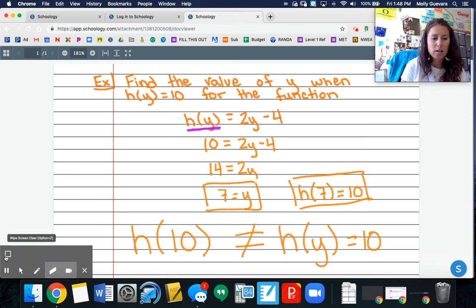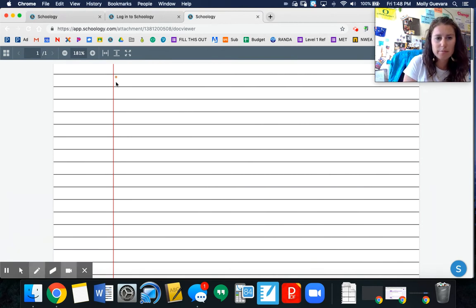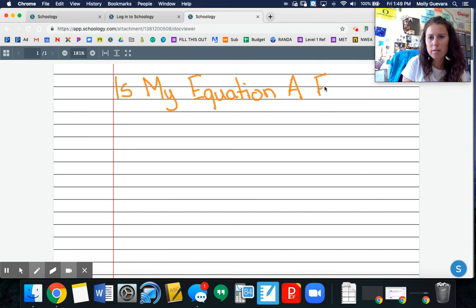Okay, let's go on. And let's look at, how do you know if your equation is a function? Is my equation a function? We already know if you can get out two separate values, it's not a function. So let's write that.